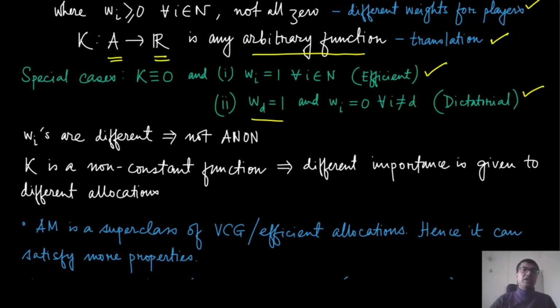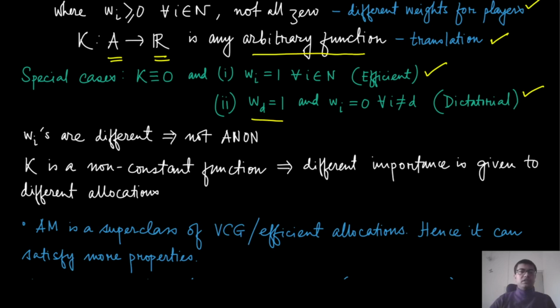So in the new game, this weight will be placed on the valuation of the new player 1, which was player 2's valuation in the previous game. So the allocation might change, and therefore it is not anonymous.